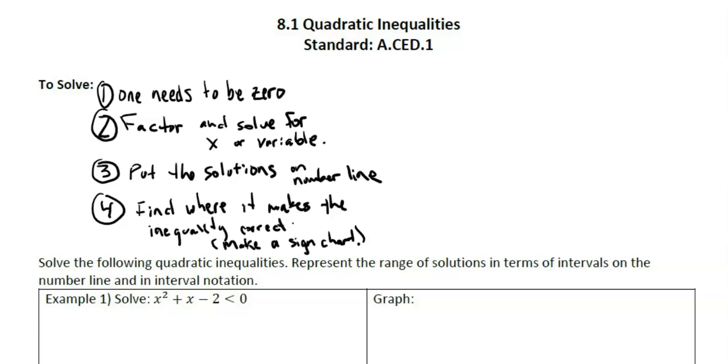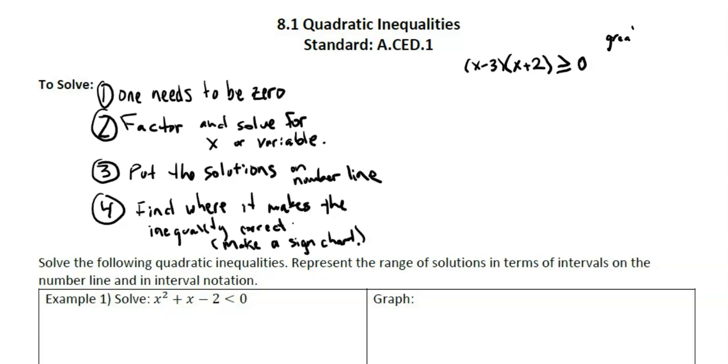So if we had an inequality like this, x minus 3 times x plus 2, giving us a simple example where it's already factored. Let's say this is greater than or equal to 0.